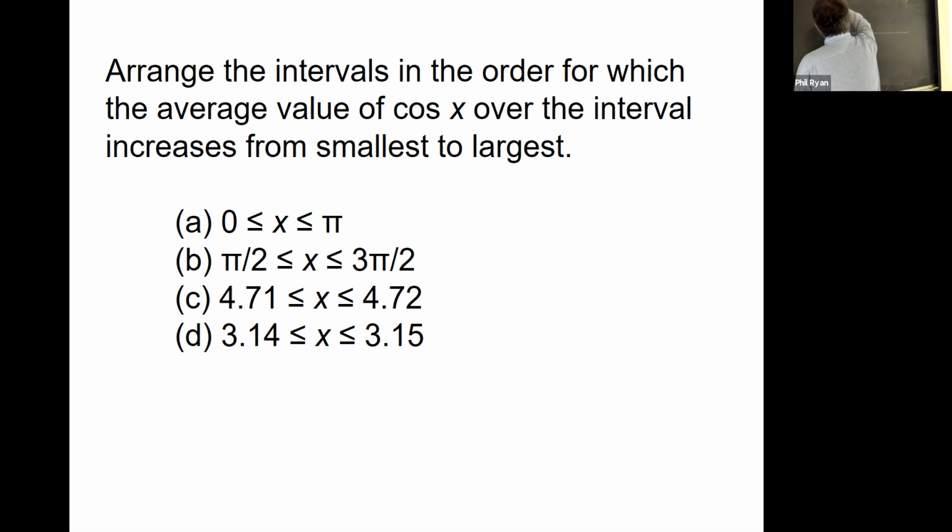So what does it do? Cosine goes like this, and then hang on. I've got to remember my shape. Here's pi on 2, it goes to here, and then it goes to here at pi. Here's 3 pi on 2 here, and then it goes up here at 2 pi.